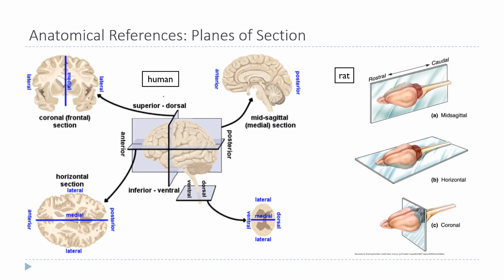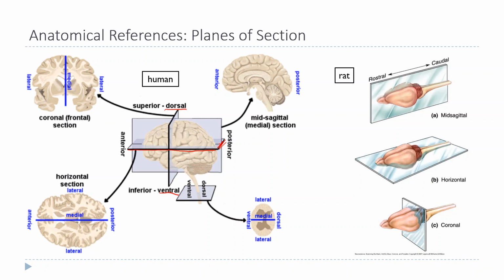So again, for the brain in a human, there are three planes. One is essentially parallel to the ground, and it's also perpendicular to the dorsal ventral axis. So remember, up toward the top of the head is dorsal, down is ventral.